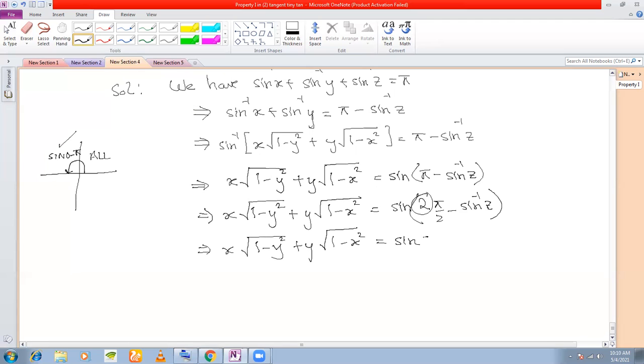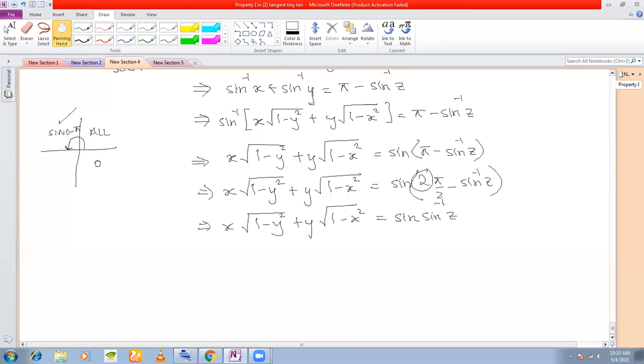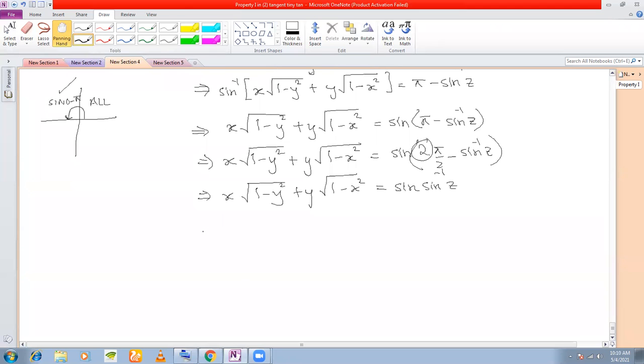So this can be written as sine of sin inverse z, right? So that means now sine inverse z will simply become z. Okay, and keep an eye on what you need to prove.